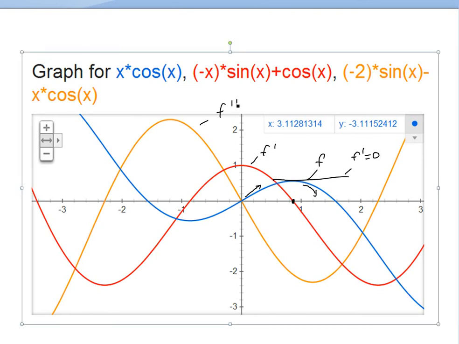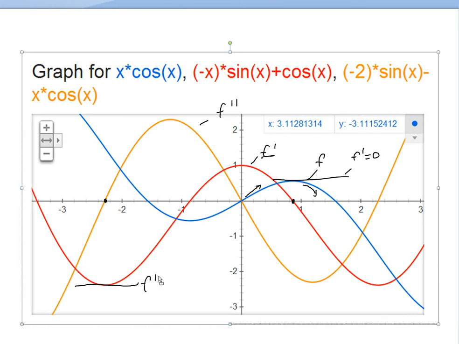And then the f double prime is the exact same thing as this, except now you're dealing with the rate of change of this function right here. So whenever you have a horizontal tangent to this derivative, then the derivative of the derivative, or the second derivative, has to be 0 right here. And as you can see, it is 0.